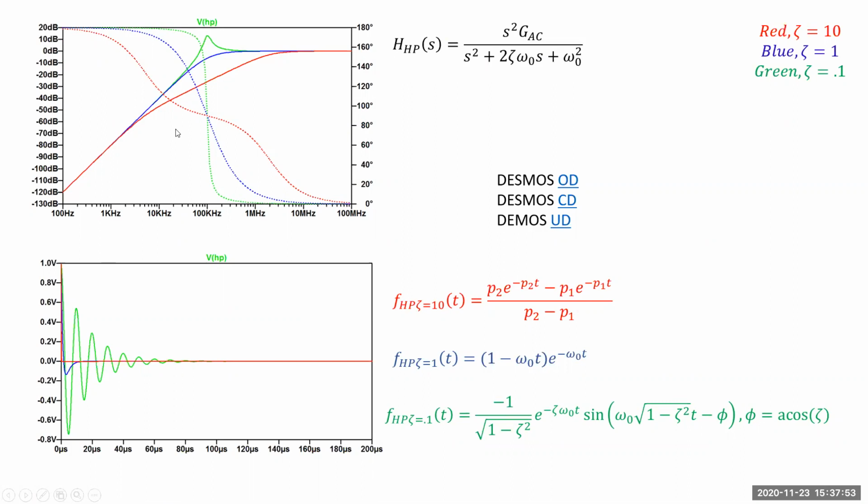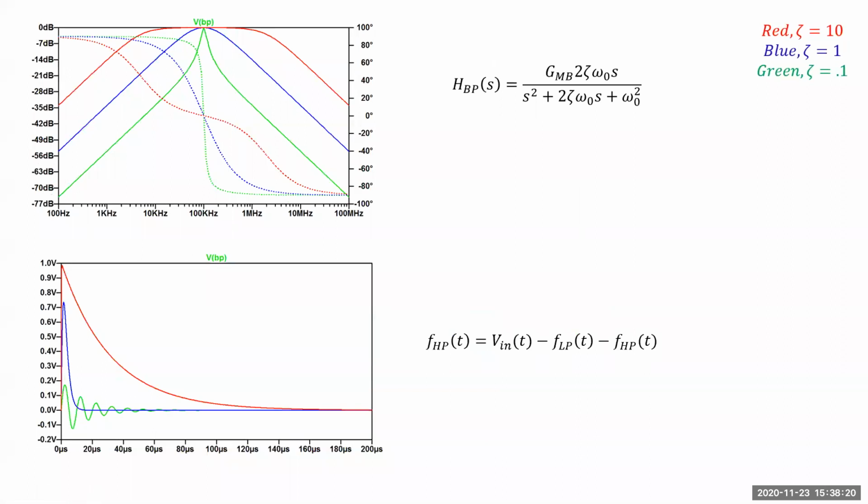The interesting thing is that for the high pass filter, it's the fast node that really dominates the response, so it decays very quickly, but it doesn't go past. Again, it's all in Desmos, and here are the equations.